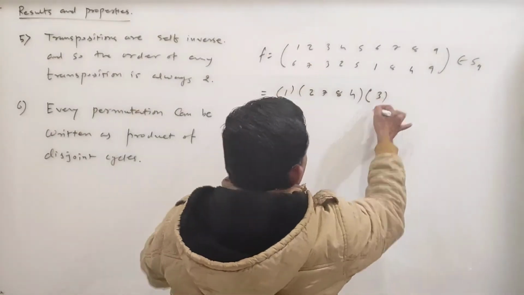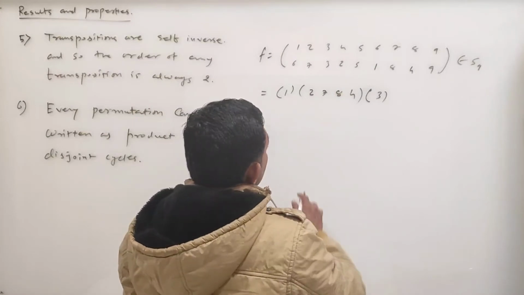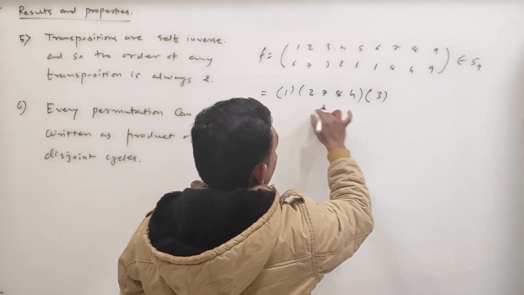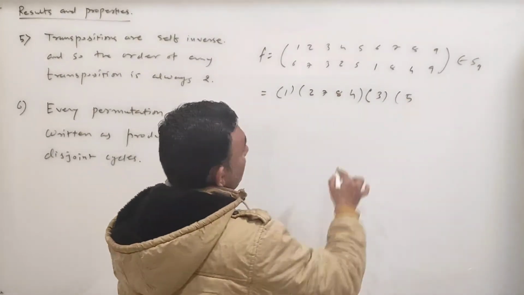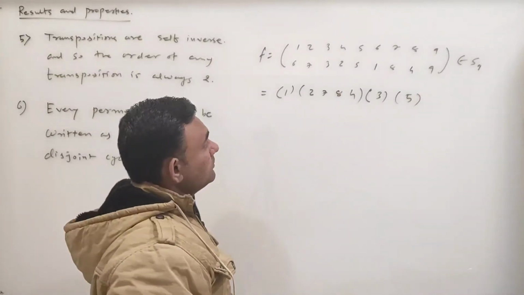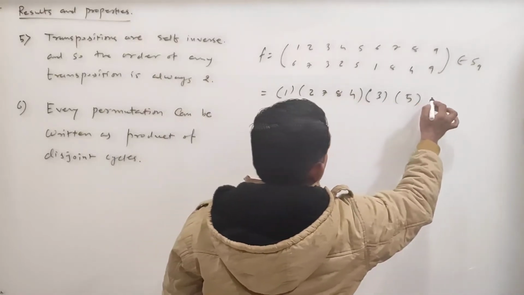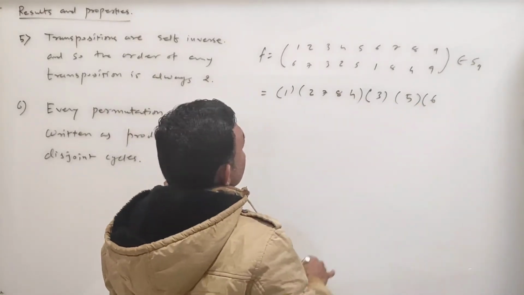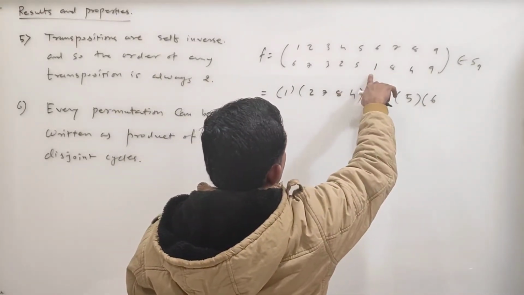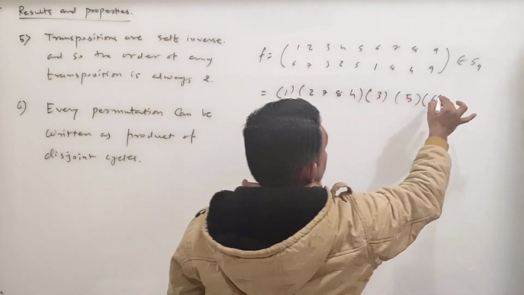3 goes to 3, stop. 5 is missing, 5 goes to 5, stop. Now 6 goes to 1 and 1 goes to 6, stop.